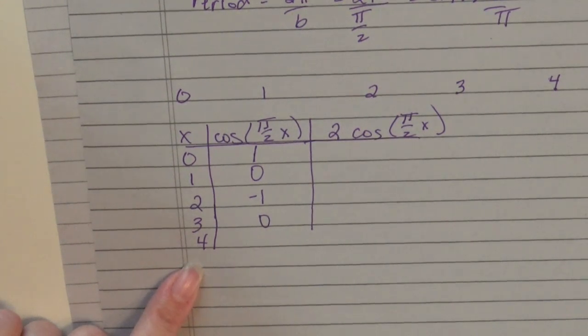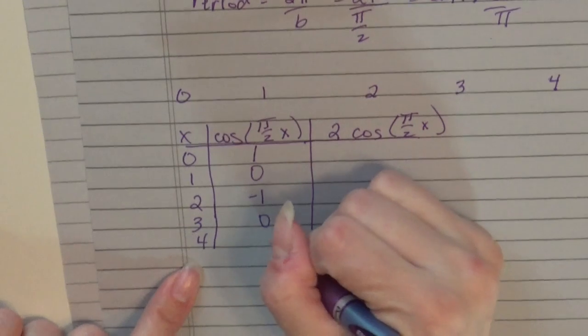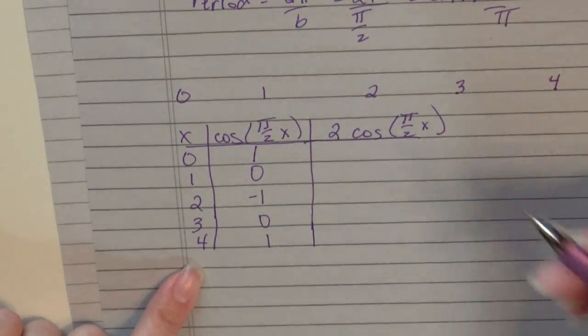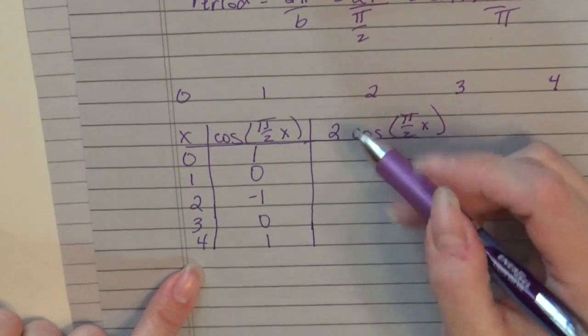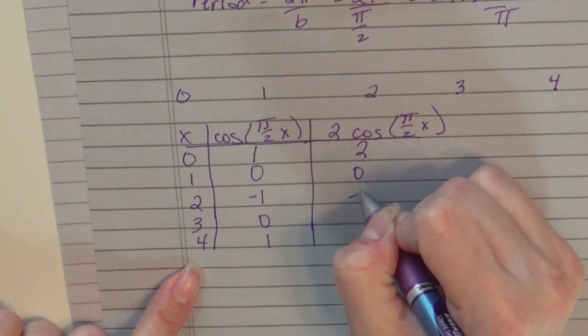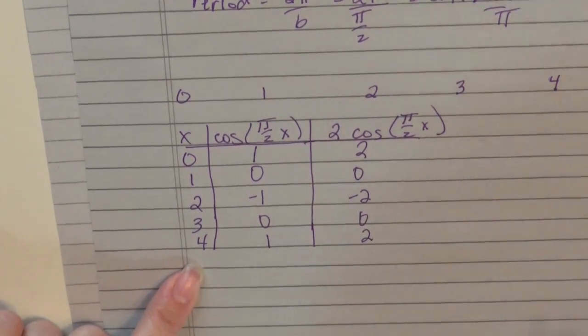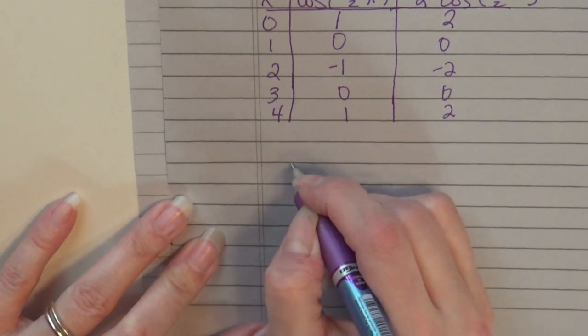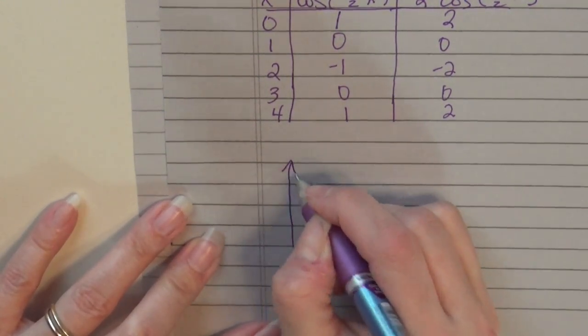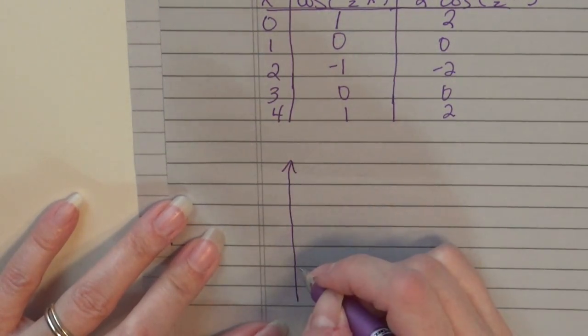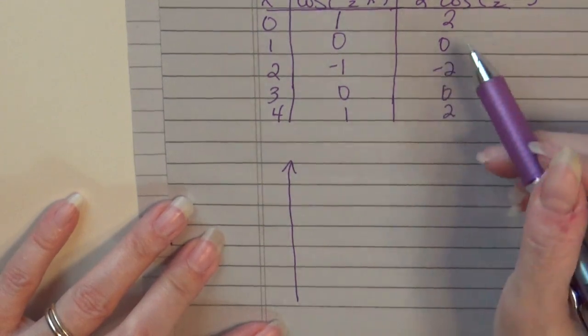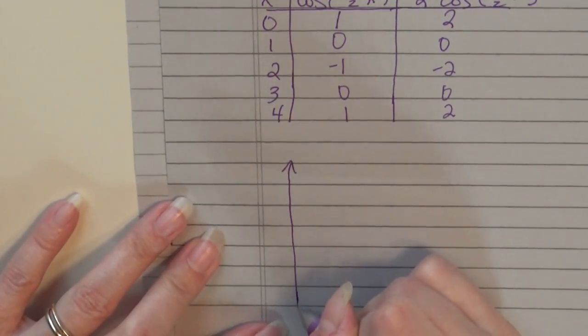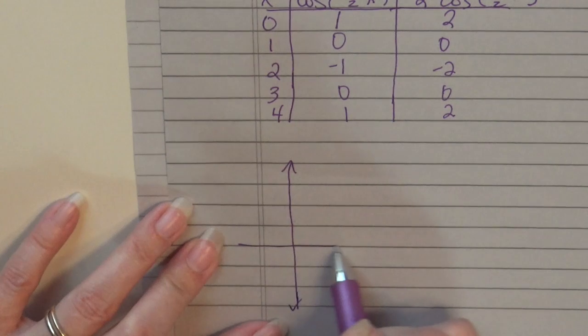When I put in 4 for x, that gives me cosine of 2 pi, which I know is 1. And then I multiply this column by the 2, so I've got 2, 0, negative 2, 0, 2. And I can graph it. Alright, now notice this time the y values are going from negative 2 to positive 2. So that's similar to the last problem.